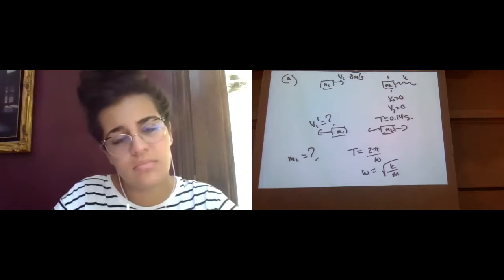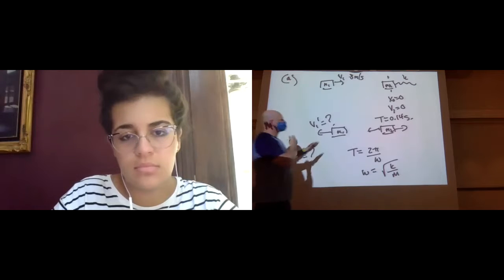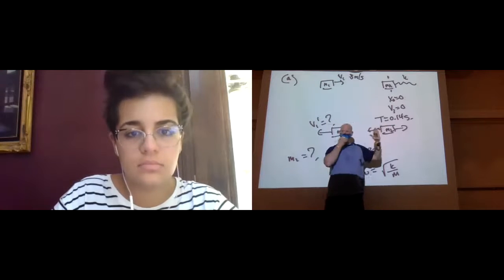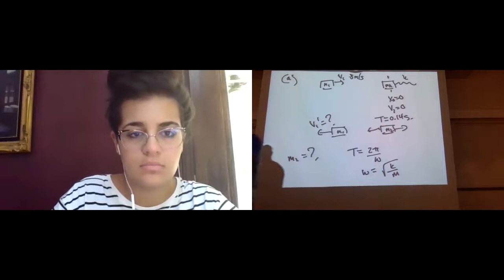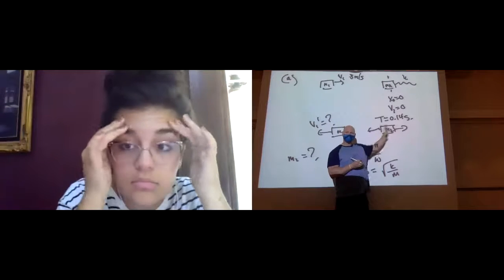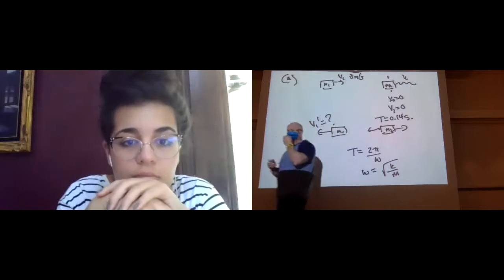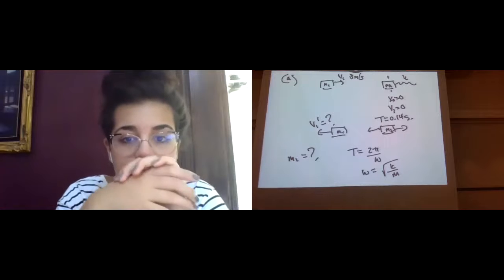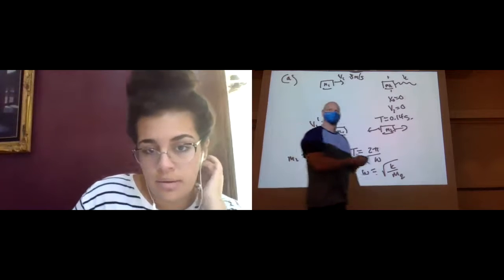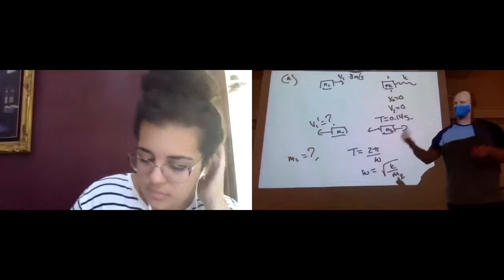It's only m2, that's right. Only m2 is oscillating back and forth, so it's only m2's mass that matters. m1 and m2 together matter for the initial velocity under conservation of momentum, but after m1 comes off, only m2 is oscillating, so the only mass that matters is m2. Once I understand that, then I can do everything else.